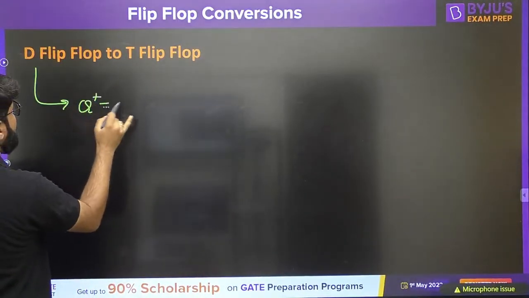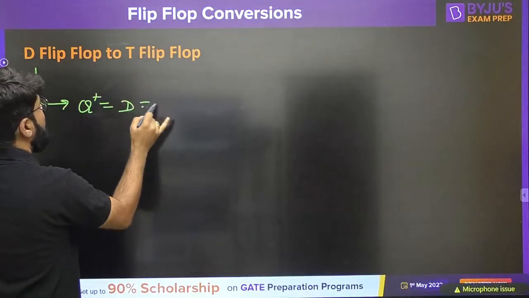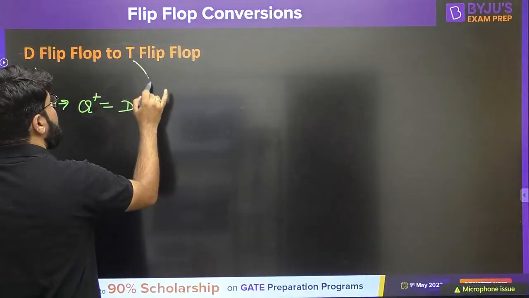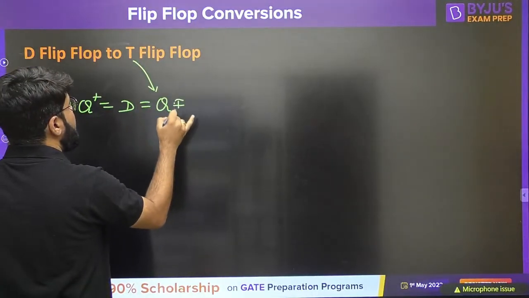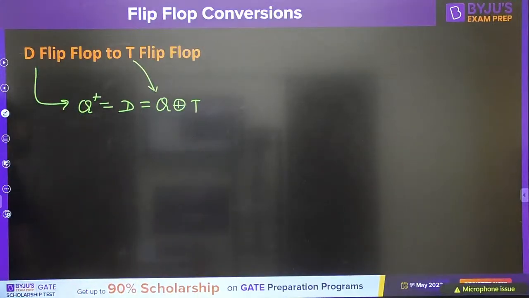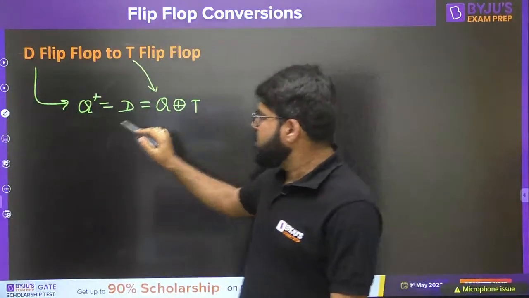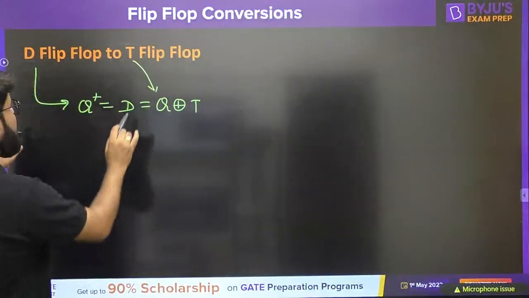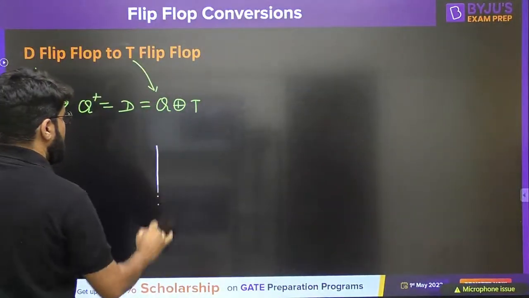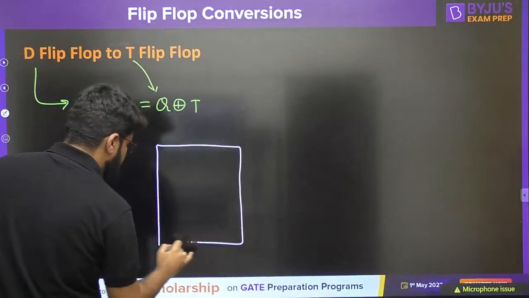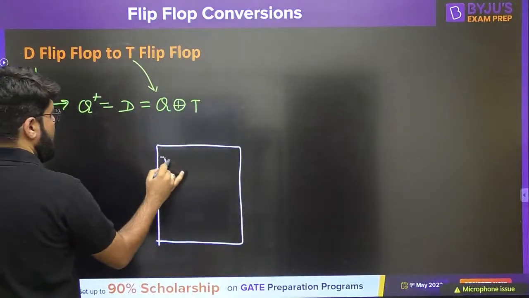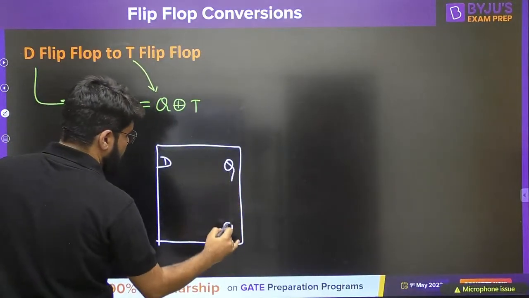So the D flip-flop is Q plus equal to D, and the T flip-flop is Q XOR with T. That we also learned in the previous classes: T XOR with Q. So nothing you have to do. Let D equal Q XOR with T. I have the D flip-flop available. This is Q and Q bar.